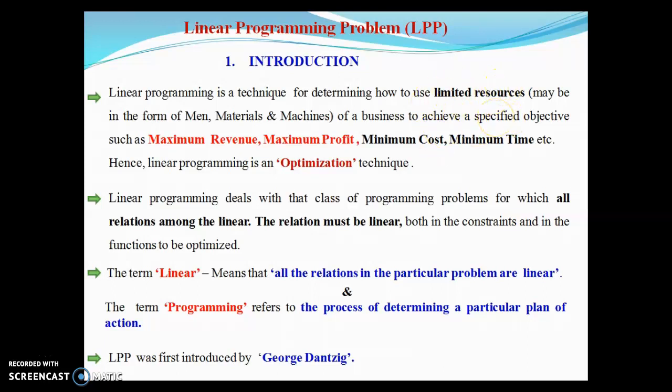Therefore, the term optimization refers to either maximize or minimize some measure of the criteria of effectiveness. For example, maximization of profit and sales, or minimization of the cost, production time and labor.